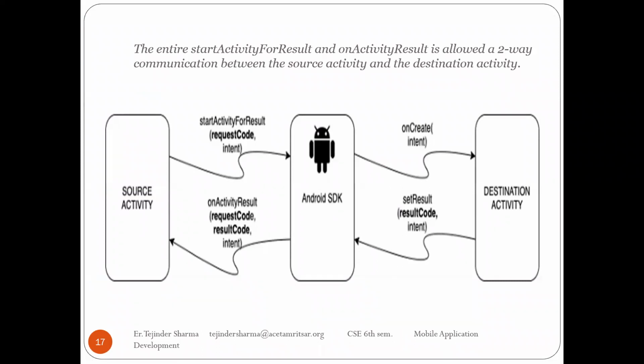First of all, you will have the method called startActivityForResult. This method is initiated by the source activity, as you can see in the diagram. Inside it, we will pass the request code. What is a request code? The request code is basically the identifier of the activity from which the intent has started, meaning which activity is looking for the results.